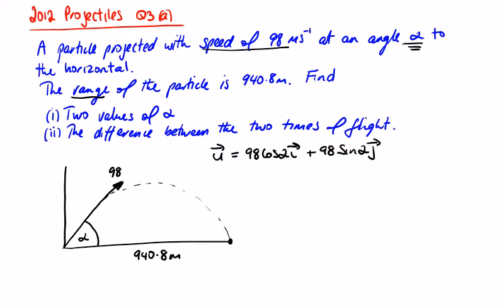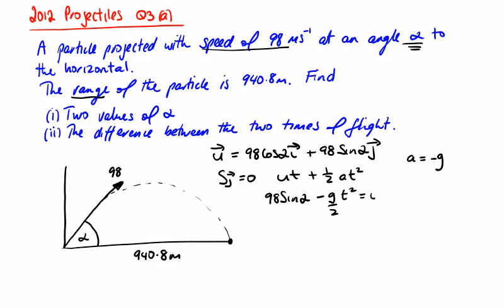The time of flight we can get by allowing s of j to be equal to 0. So my ut plus a half at squared, and there's no incline here, so a is equal to minus g. So 98 sine alpha minus g over 2 by t squared is equal to 0.